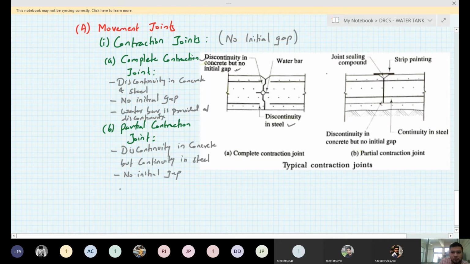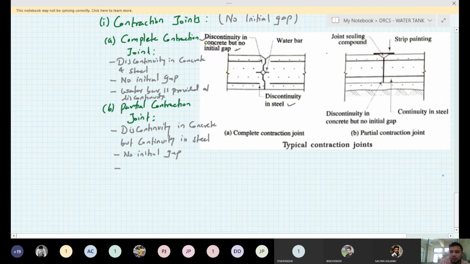At the top, the sealing compounds are filled and stripping painting is done.